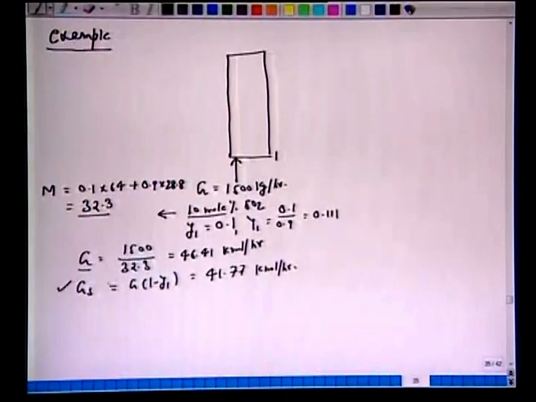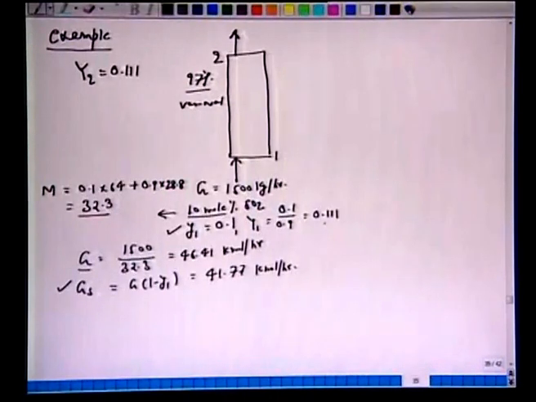So, we know GS, we know Y1. And now we have been told that 97% of the sulfur dioxide is removed. So, with 97% removal, at this end 2, we obtain capital Y2 as 0.111 into 0.03.